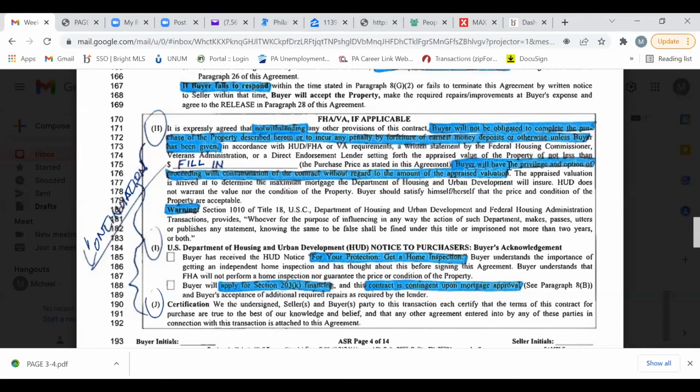So let's say even if you agreed that the buyer is to pay on an FHA VA deal the difference between an appraisal value, okay? This kind of contradicts that and sets it off that they don't have to buy this property regardless, right? It is expressly agreed that in spite of any other provisions of this contract, doesn't matter, they can still back out. Okay. So that's just something to think about.